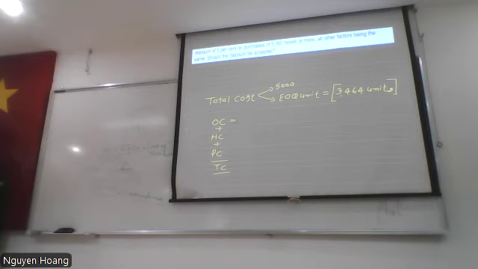Ordering cost is 200, but how did you get ordering cost last time when you went with the EOQ question?